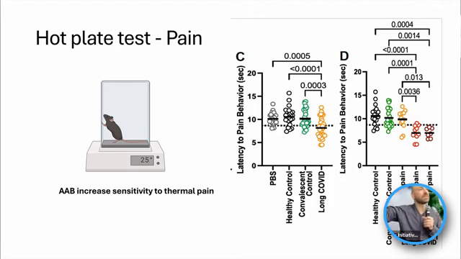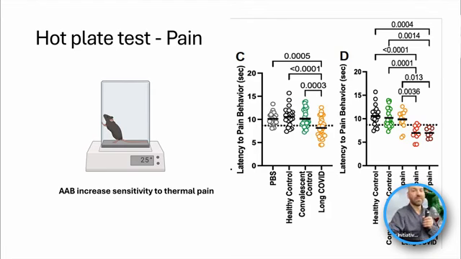And the craziest part of the work that Kayla did was that when we separated out, in this particular case, the pain case, when we separated out the people with long COVID who reported new onset pain from the people with long COVID who said, well, I've got all of these other symptoms, but pain isn't one of them, what we see is that the mice that received antibodies from the long COVID patients with new onset pain over here were the mice that got new onset pain.